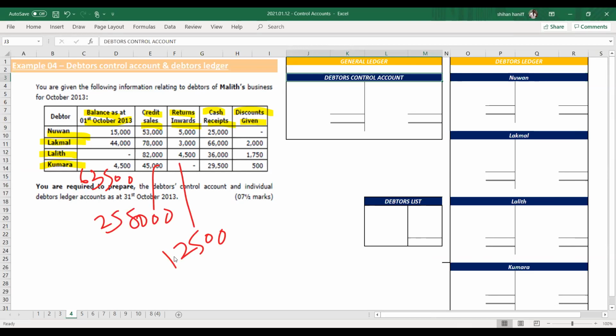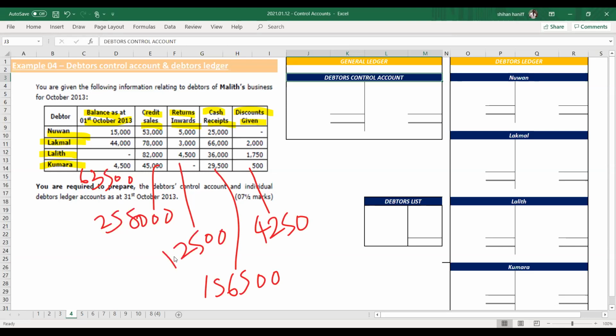Receipts 25,000 plus 66,000 plus 36,000 plus 29,500, 156,500. Discount 2,000 plus 1,750 plus 500, 4,250.